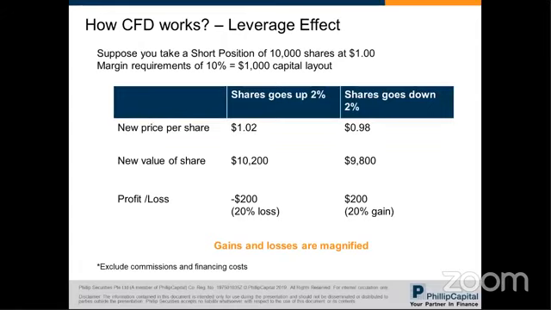If the share price goes up 2%, which goes against your short position, you will lose $200. Whereas if the share price goes down instead, you make a profit of $200. This translates to a 20% loss and gain respectively if the share price goes up and down. So this illustrates the effect of using CFD and their leverage effect.